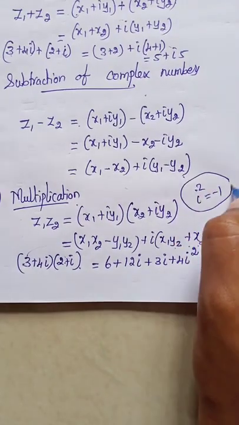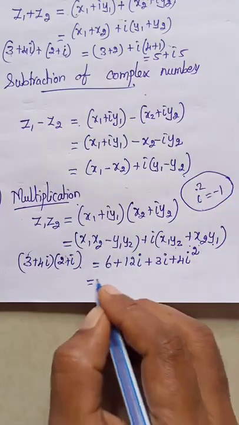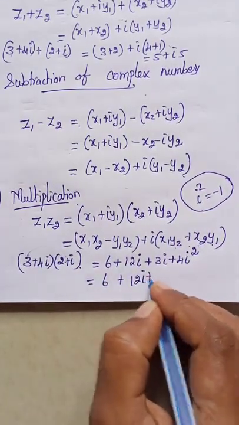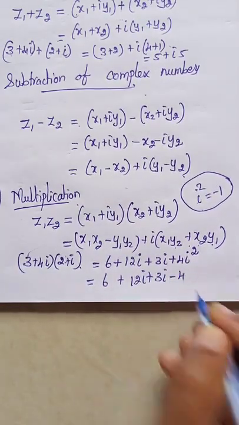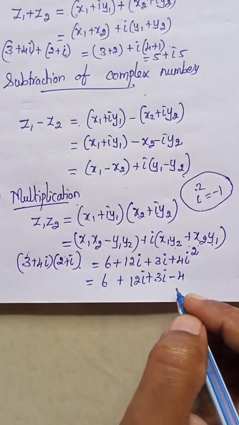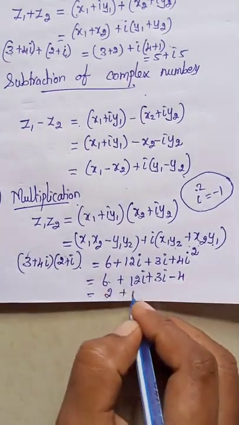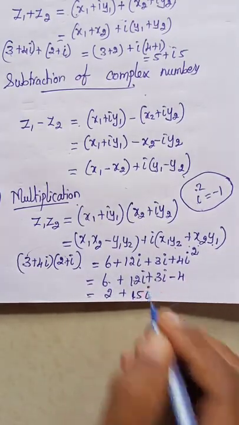Isn't it? i equals root of minus 1, i square is minus 1. So we may get 6 plus 12i plus 3i. This is i square, that's minus 1, so we may get minus 4. So 6 minus 4, 2, plus 12i plus 3i is 15i.